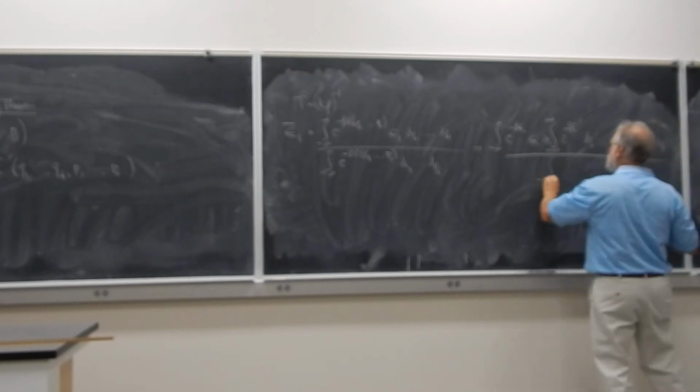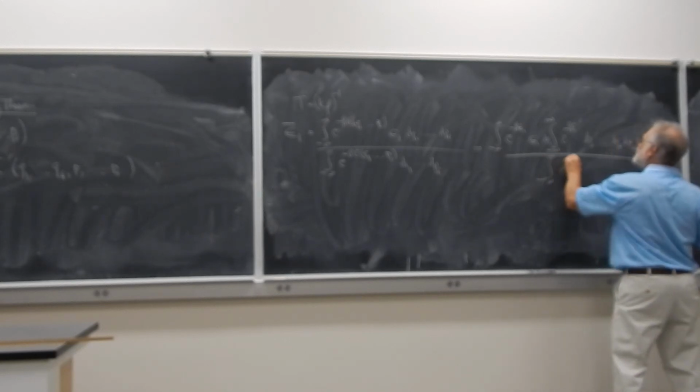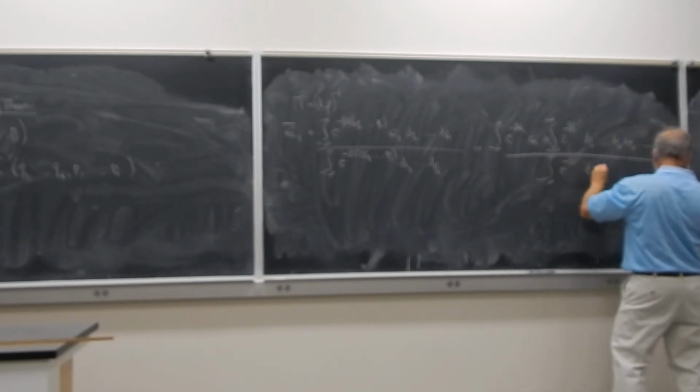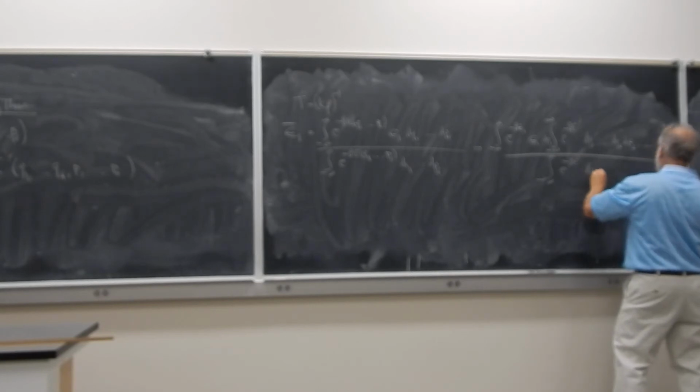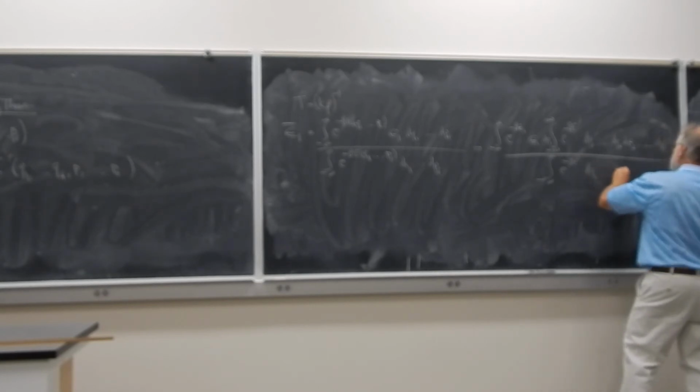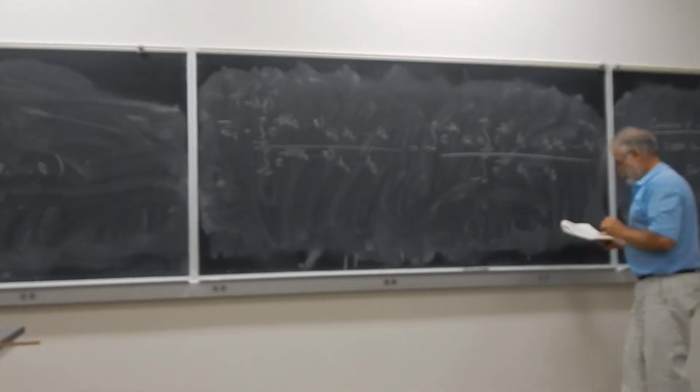Divide this by the integral from minus infinity to infinity of e to the minus beta E prime dq1 dqF.